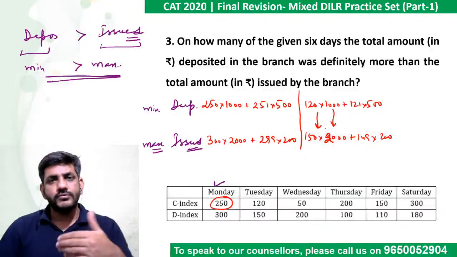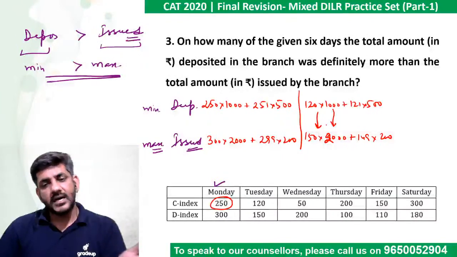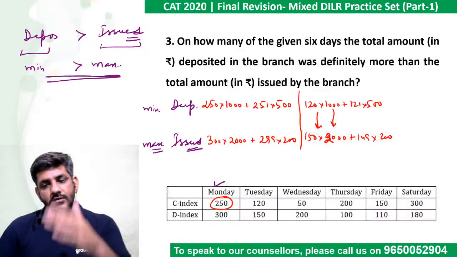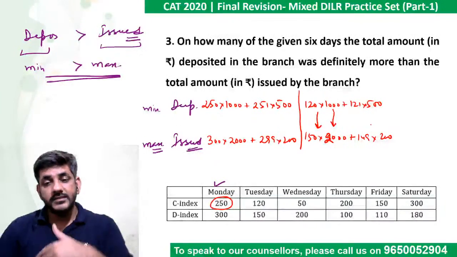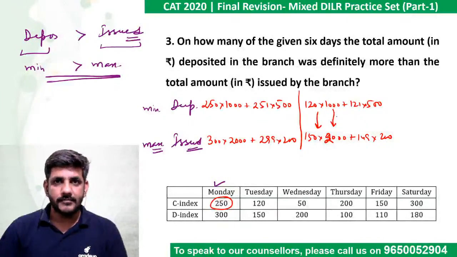Even 1000 से 2000 जो हो रहा है, because currency का ही amount डबल हो जा रहा है तो इसका मतलब total amount तो डबल यहीं पे हो गया. तो 500 से 200 में the decrease is not that much, इतना increase इधर हो रहा है.